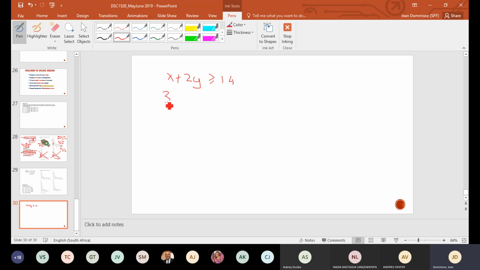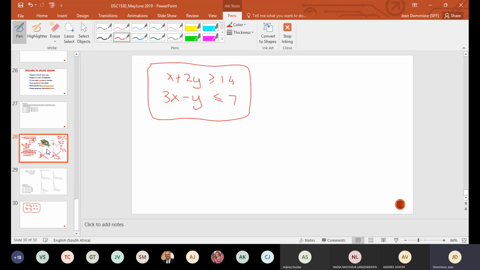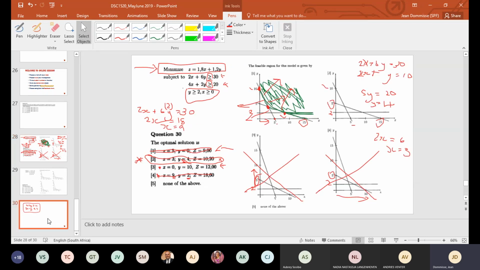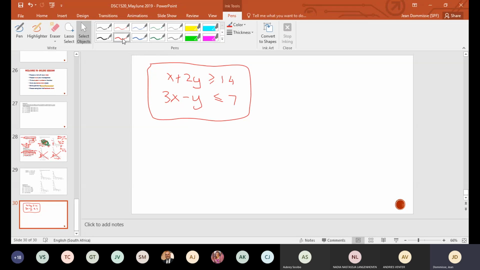So we are used to seeing the equations like this. It's different numbers, but very similar to what we had there. What they can do is you can get something like this in the exam.